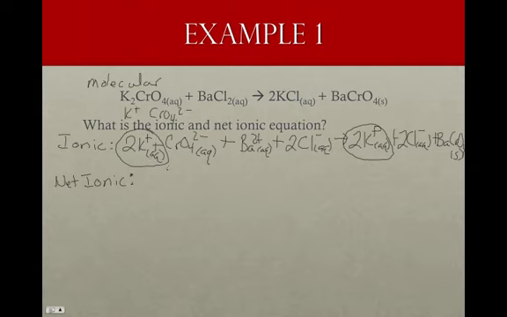So we're not going to include that. The CrO4 2-, it's different on the product side, so we will include that one. So it'll be CrO4 2- aqueous plus barium. It's not the same here as it is over here on the product side, so we're going to write that down as well.